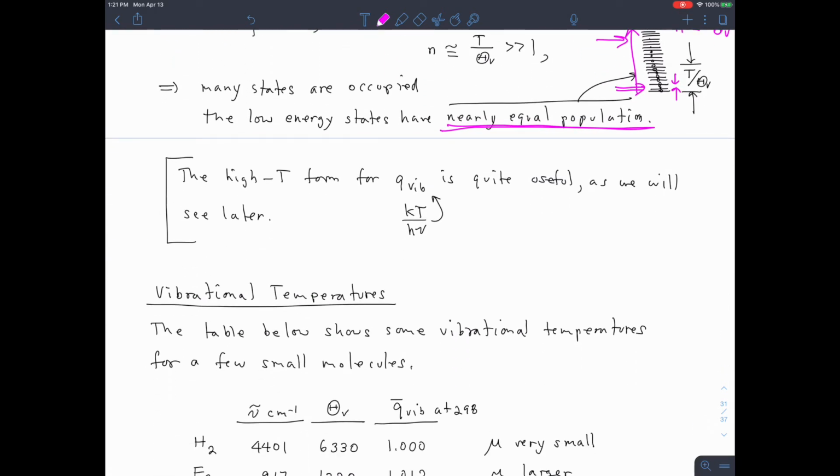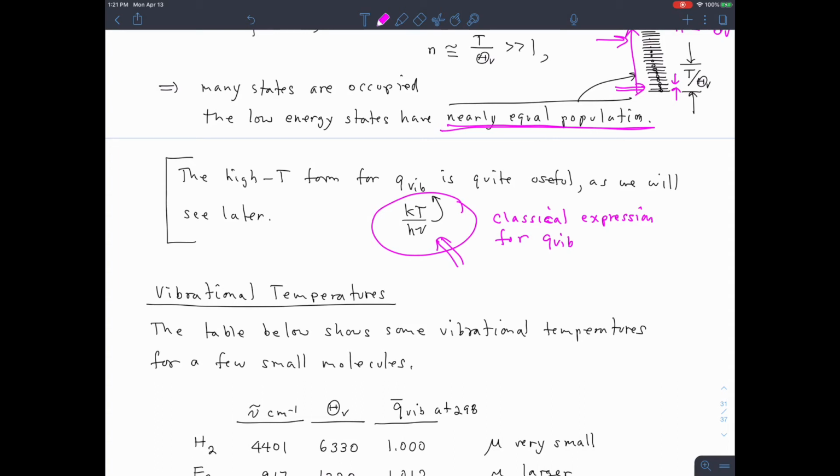We will see later that this high temperature form also corresponds to the classical expression for Q vibrational. In other words, if you treat the problem as a classical harmonic oscillator rather than a quantum harmonic oscillator and do the stat mech that way, and we'll look a little bit at that, then you'll get this result.